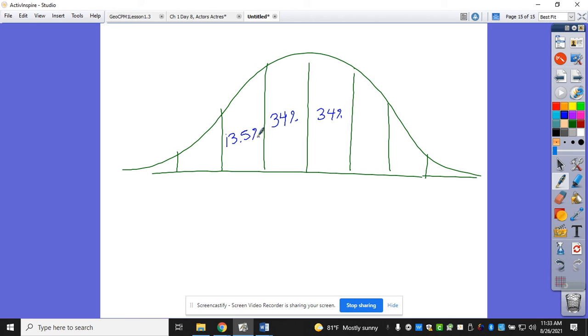Are these numbers ever going to change? No. My next 2, 1.3. And then my last one's 0.15%. And don't write anything on the bottom yet.